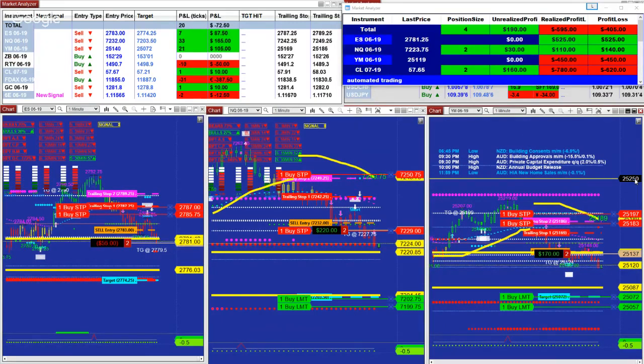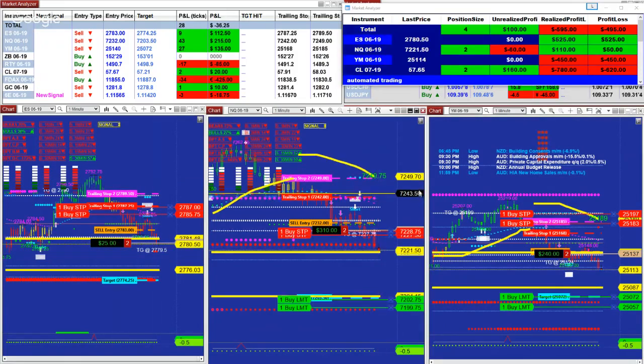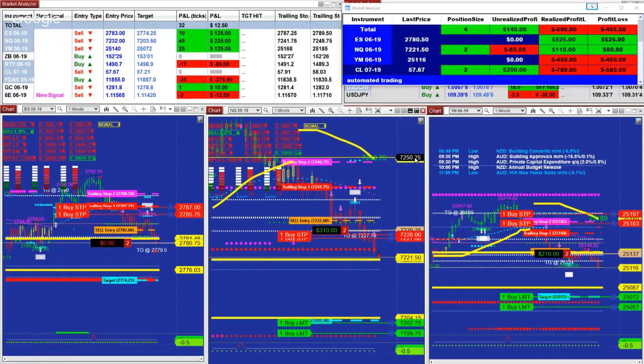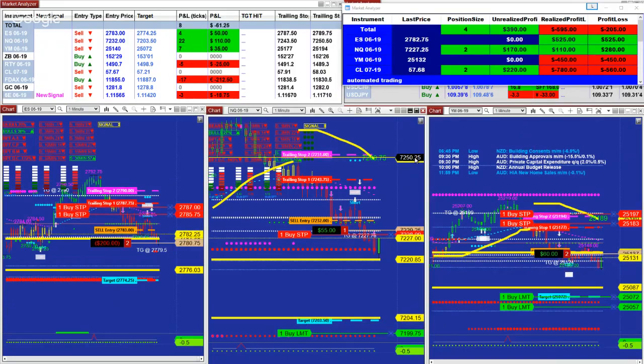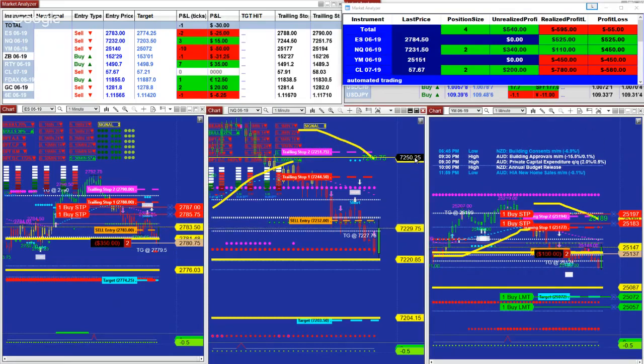A new signal on the 6E, sell position 1565. Oh no. Anybody on the Nasdaq trade? And guys, a break even immediately. This market is really, really nasty.